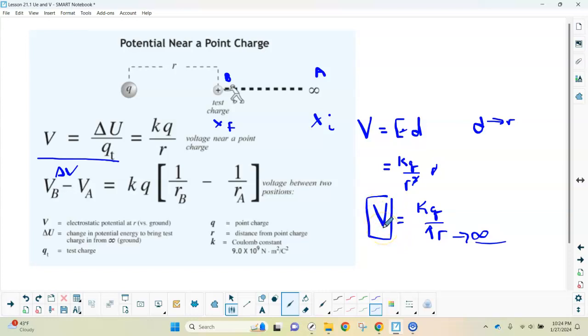The voltage at that infinitely large distance away would be equal to 0, because you're dividing by a super big number, which would make this number get small, and the voltage would be 0. So if you're super far away from a charge, you have no potential there. But as you get closer, there's a greater potential. Positive charges create positive potentials, negative charges create negative potentials. Potentials are scalars, so you just have to add them. You can find the potential at a certain point by finding the potential from each of the charges at that point.